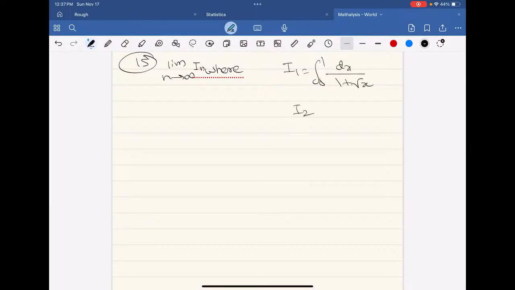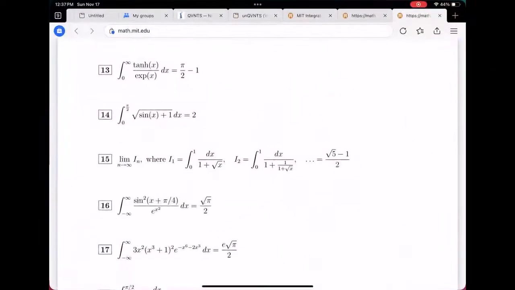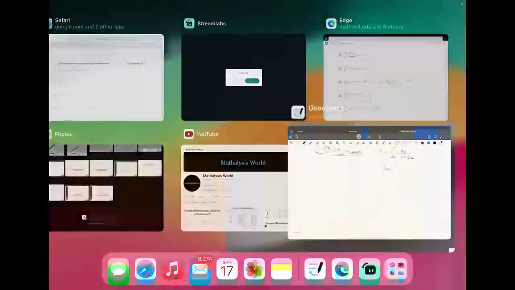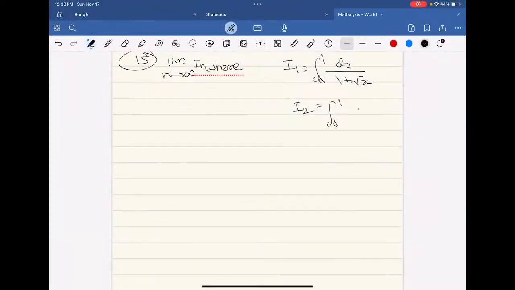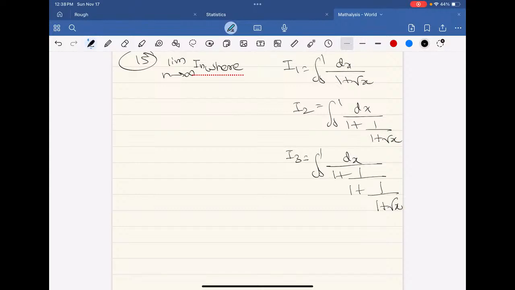Similarly, I2 is the integral from 0 to 1 of dx by 1 plus 1 by 1 plus root x. Similarly, I3 is the integral from 0 to 1 of dx by 1 plus 1 by 1 plus 1 by 1 plus root x. This is a good problem, right, guys?